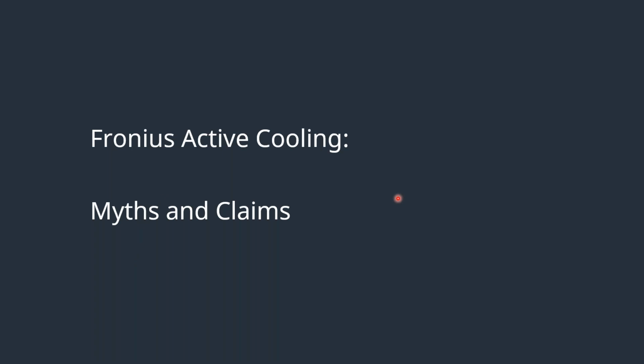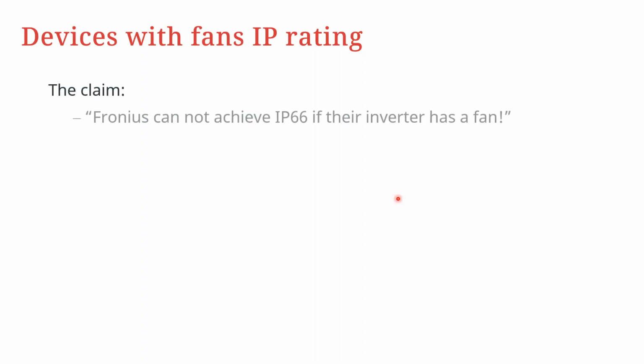There are also some myths and claims about Fronius active cooling. We can look at one of them. What happens, for instance, to devices with fans as far as the IP protection or ingress protection rating is concerned? The claim from some quarters is that Fronius inverters cannot achieve IP66 if the inverter has a fan.